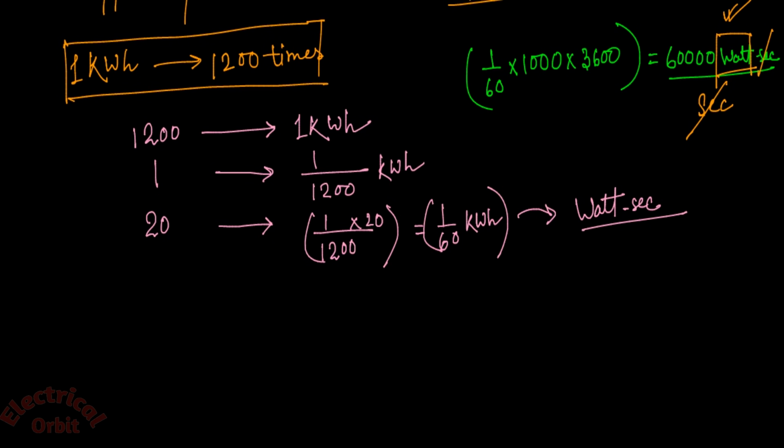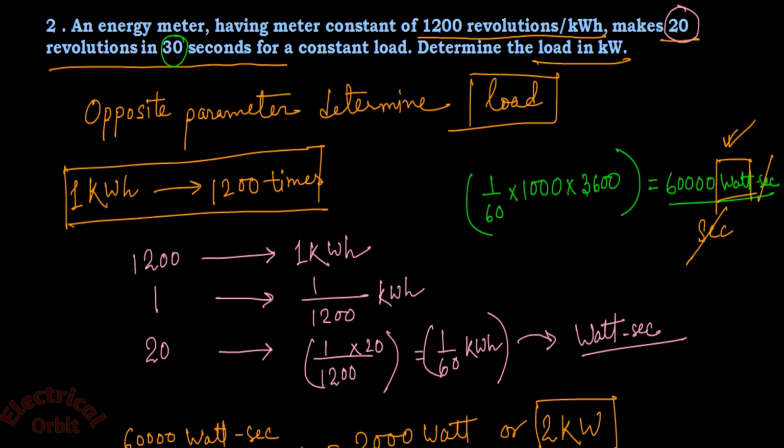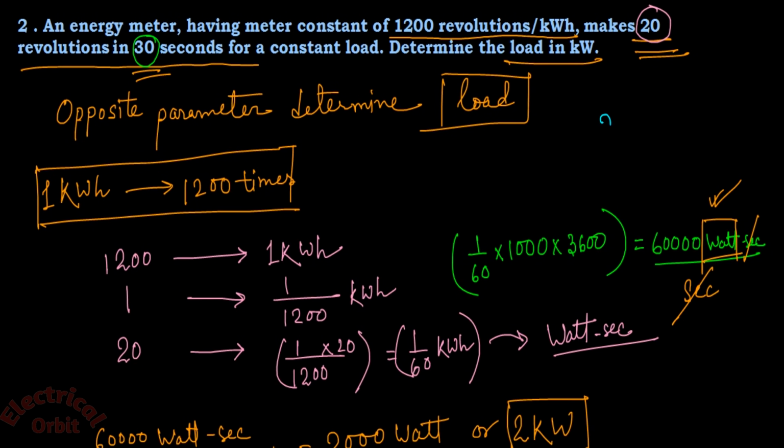So we can simply do it by this watt second divided by 30 seconds, that is given in the question, and we get 2000 watt or 2 kilowatt. So our answer is the load is 2 kilowatt, for which the energy meter is making 20 revolutions in 30 seconds. So our answer is 2 kilowatt.